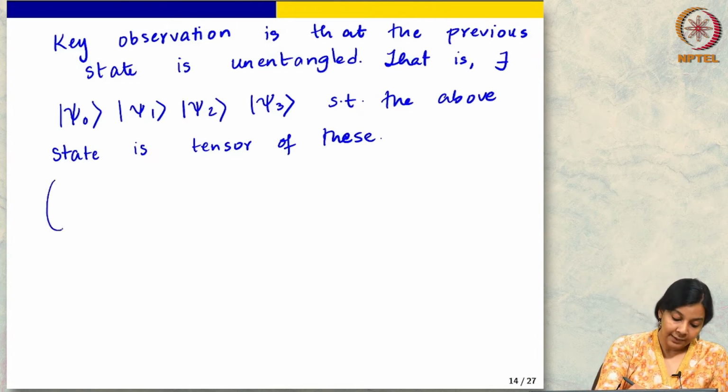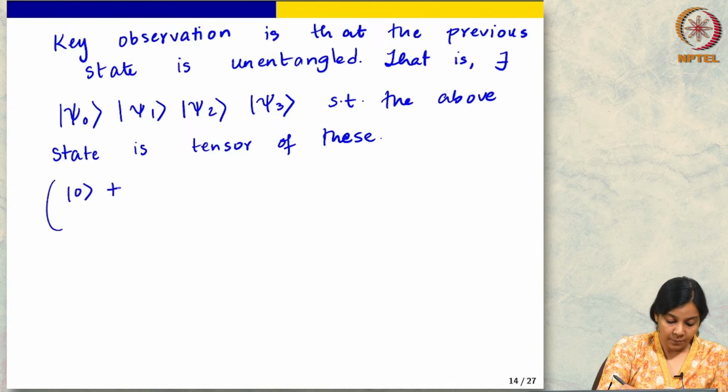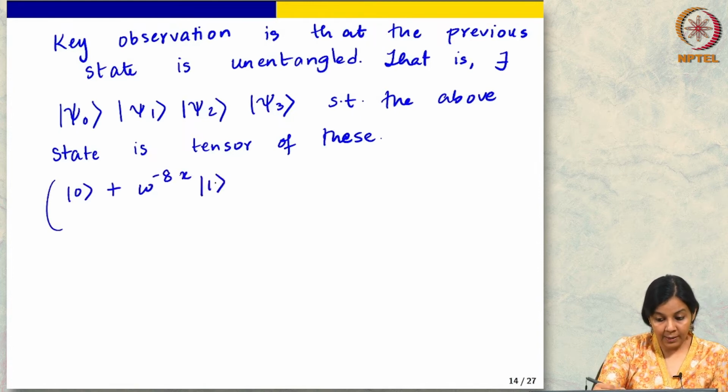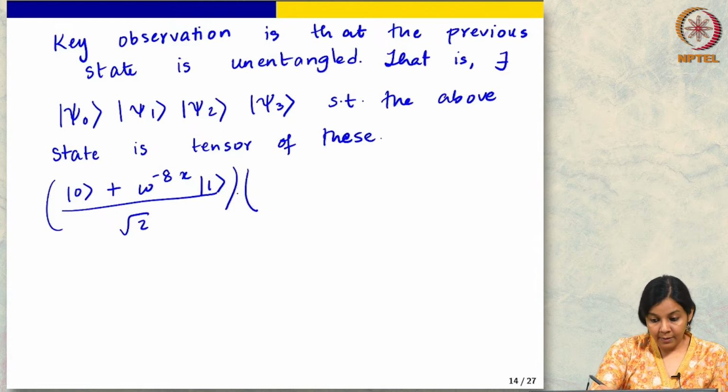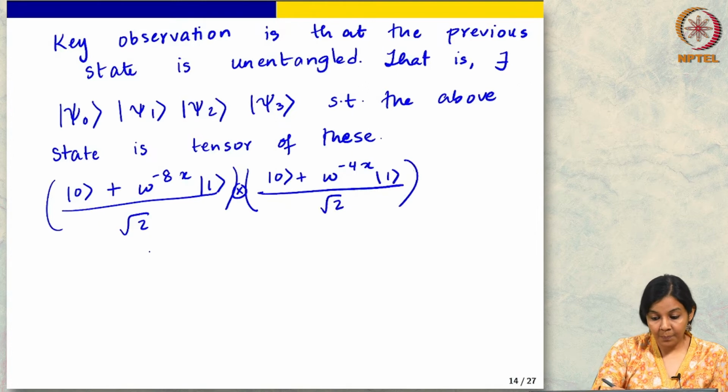So, I will write them here. Okay. So, (|0> + omega to the minus 8x |1>) over square root 2. This is the most significant bit. Tensor (|0> + omega to the minus 4x |1>) over square root 2. Okay.